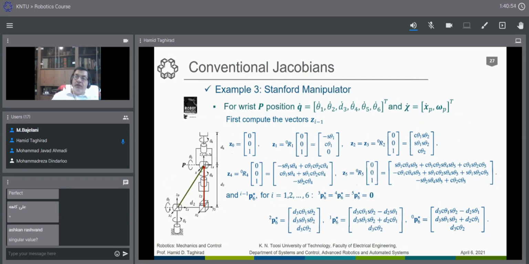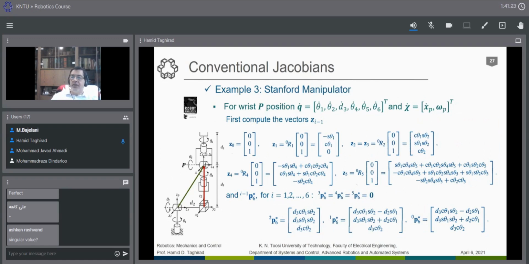Of course, if we would like to find the velocity of the end effector, we should also find all these three vectors, which makes life much harder. But here we just consider the wrist, and since the wrist is on the third joint, on the Z4 actuator, basically, we can find it from here.